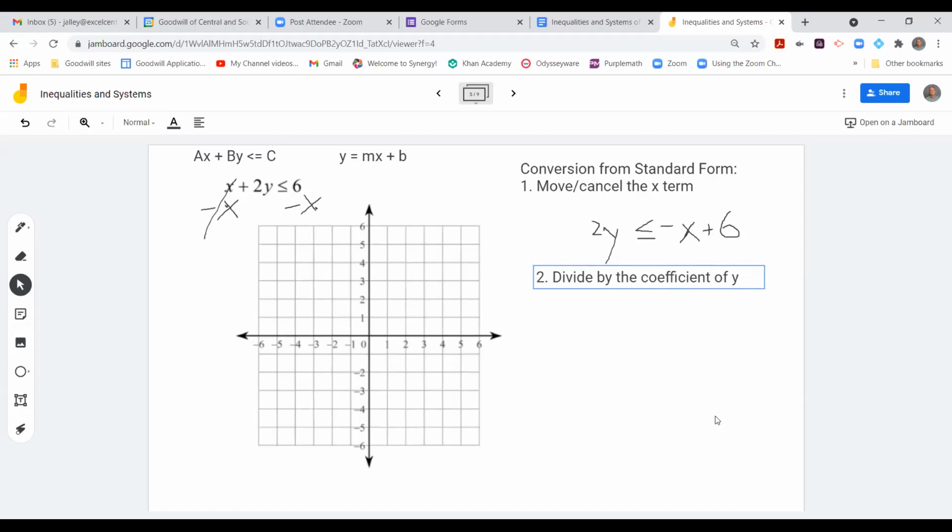I keep using that phrase, coefficient of y, because I want you to really hone in on the fact that that word coefficient tells you something about the problem. It's not just some fancy word that's thrown in here. We're going to divide by that coefficient because that's the only way we can get to 1y. This is 2 times y. The reason we divide is because that's the opposite operation.